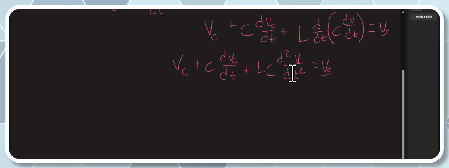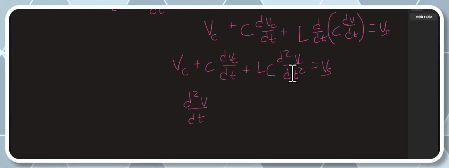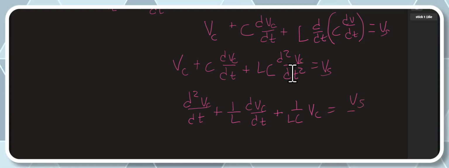And then to get this in a standard form, I'll put the second derivative first, d2VC dt2, and then I'll divide through by LC, plus R over L dVC dt, plus 1 over LC VC, these are all VCs now, equals Vs over LC.